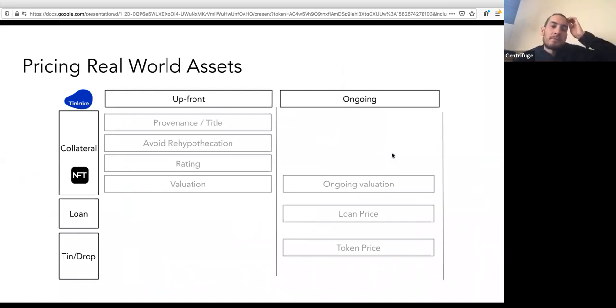But for these assets, even within the class of real world assets, a house is priced very differently than an invoice.